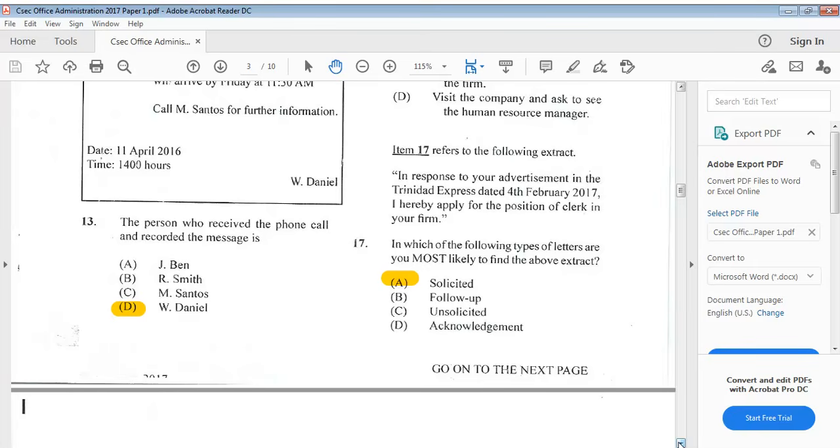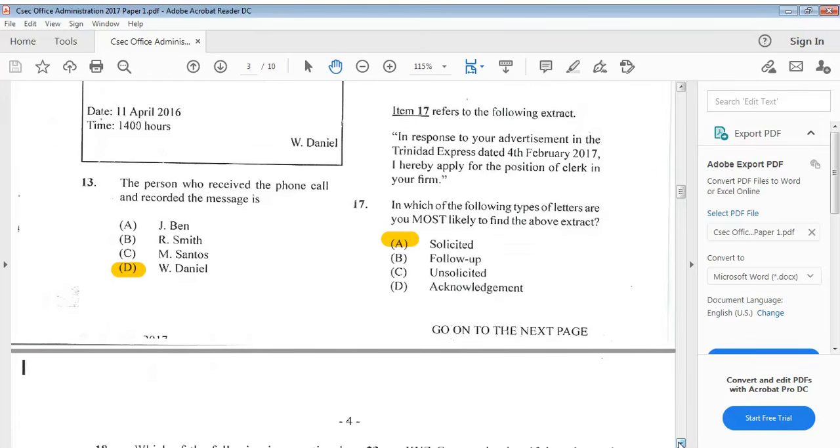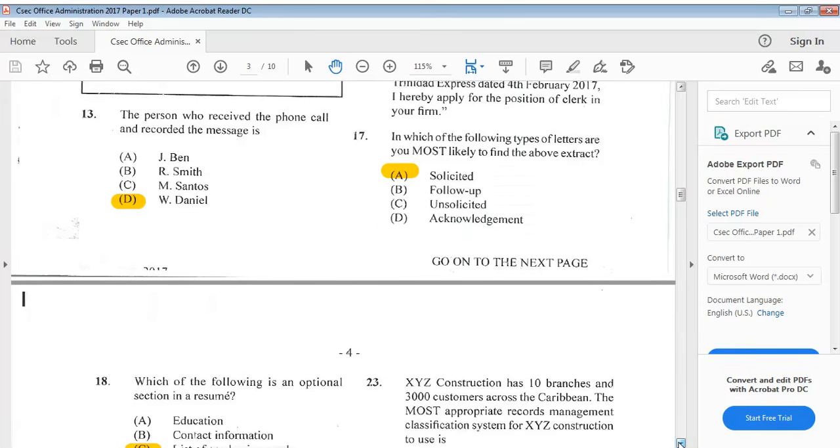In which of the following types of letters are you most likely to find the above extract? A. Solicited. B. Follow-up. C. Unsolicited. Or D. Acknowledgement. So our answer would be A. It would be in a solicited letter. That's the type of letter you would use.